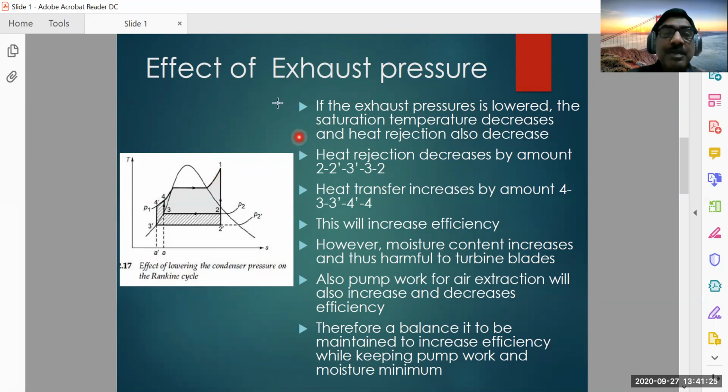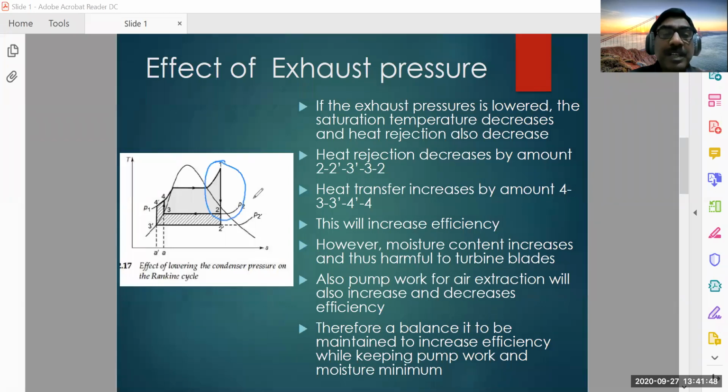So first we'll see the effect of exhaust pressure on the efficiency of the Rankine cycle. Exhaust pressure means what? See, 1 to 2, what is this process? This is the process that is taking place in the turbine. This is isentropic expansion.